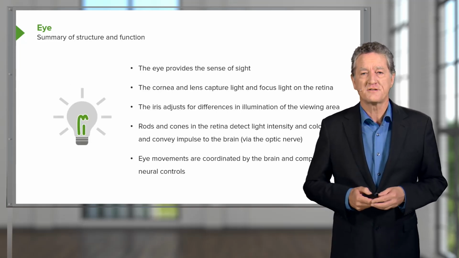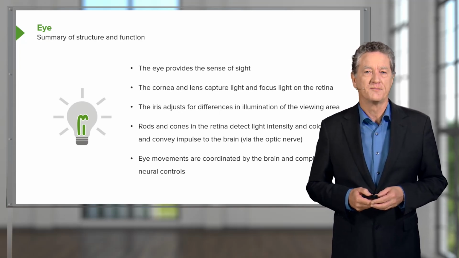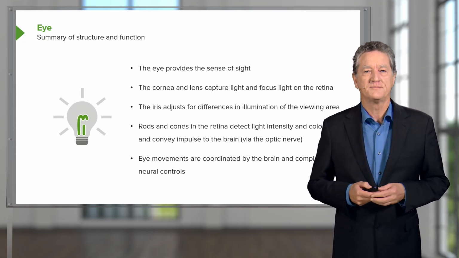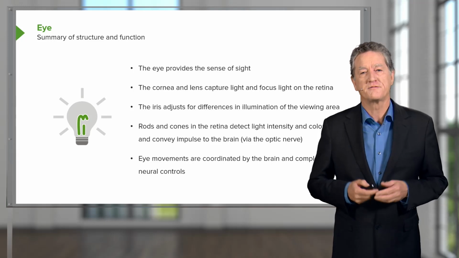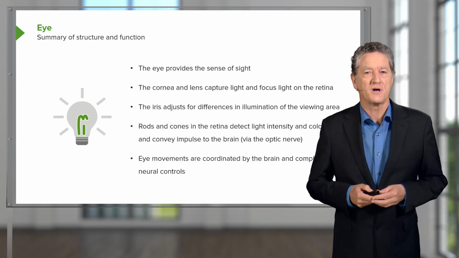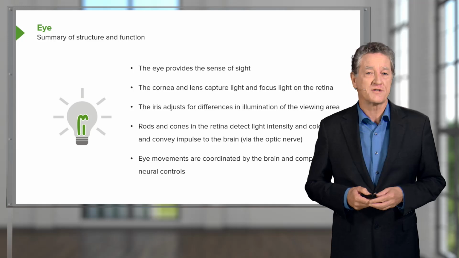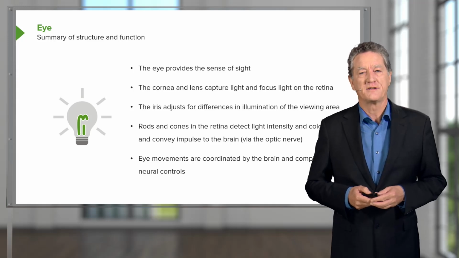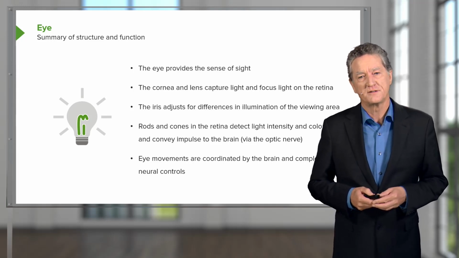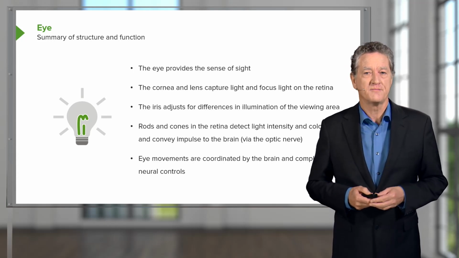Well, as I said at the start of this lecture, the eye is probably the most fascinating organ in the body. The cornea and the lens focus light on the retina. The illumination is adjusted by the iris. The rods and cones are the photoreceptors that send impulses to the brain to enable us to see, to have vision.